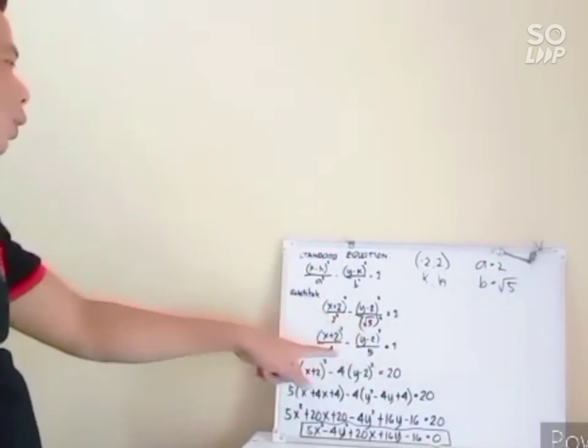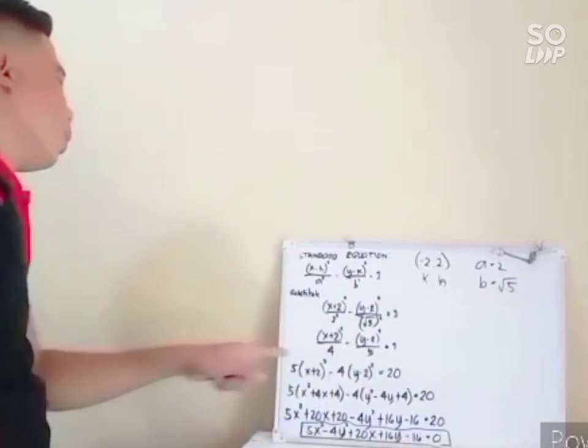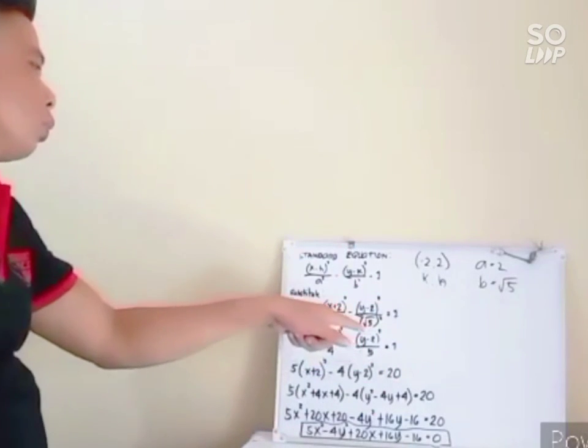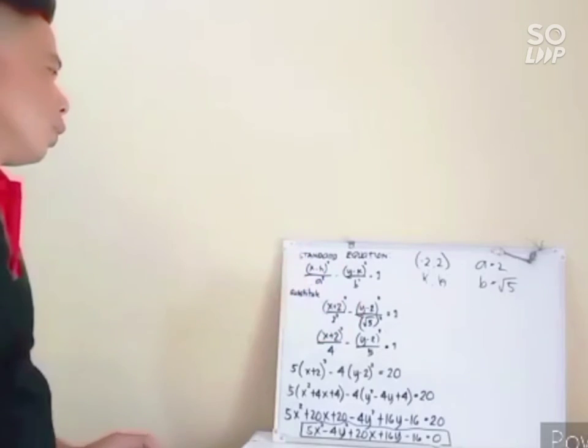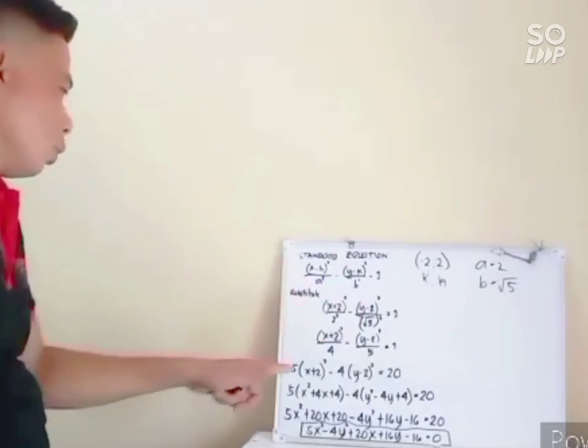Substituting, we get (x plus 2) squared over 4 minus (y minus 2) squared over 5 equals 1.